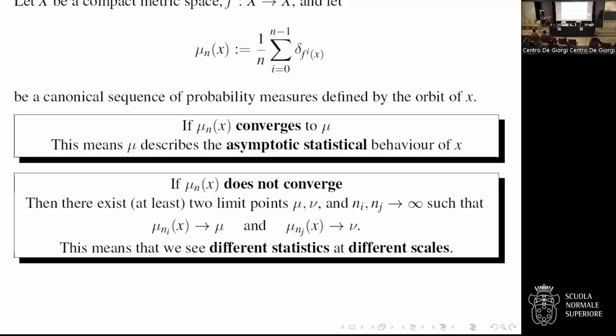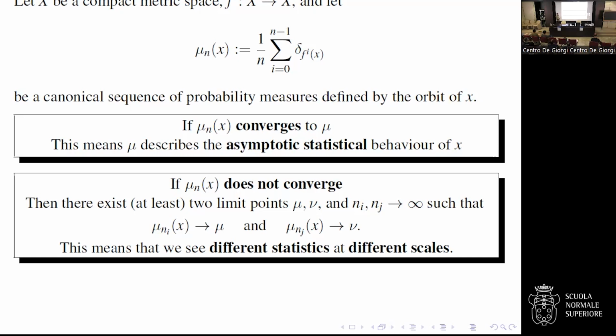So non-convergence still means there exist limit points. So you have two limit points and you have two subsequences that converge to these limit points. What does it mean that you have two subsequences? This does not mean that you're converging to some convex combination of these two, right? Because converging to a convex combination is still converging to some measure, which is the convex combination.